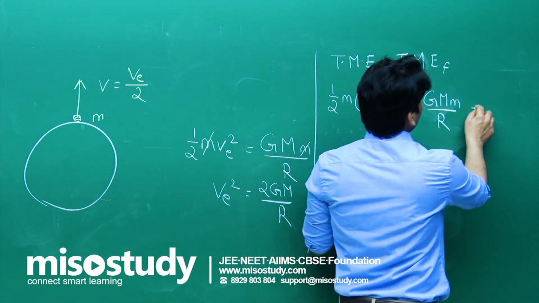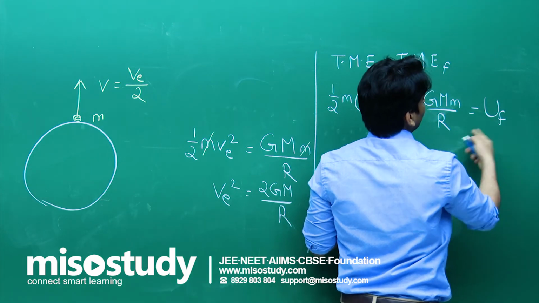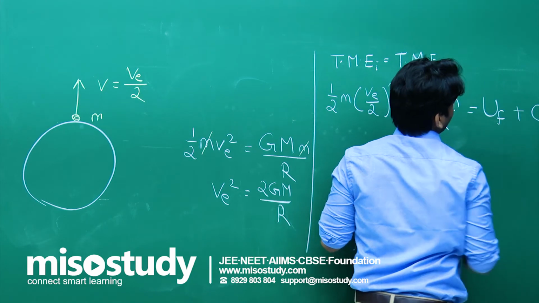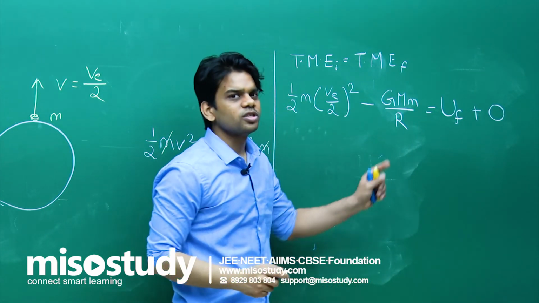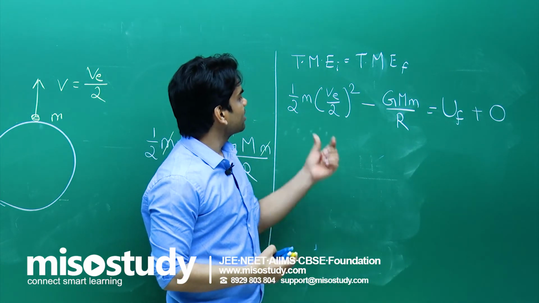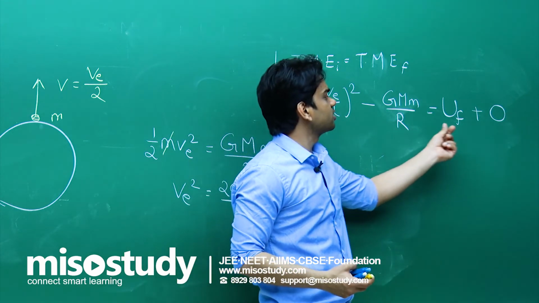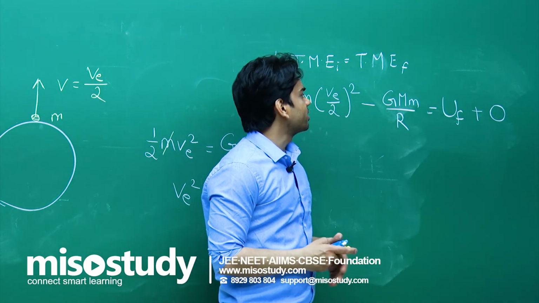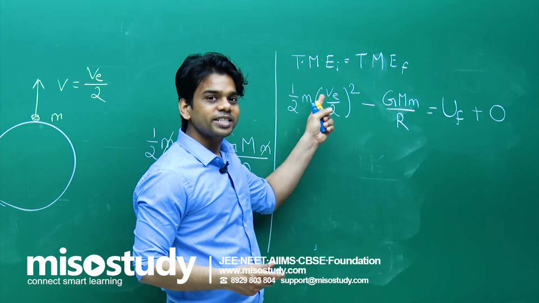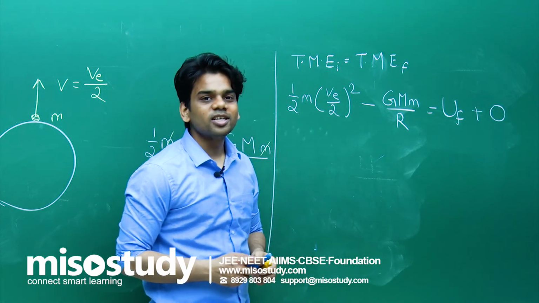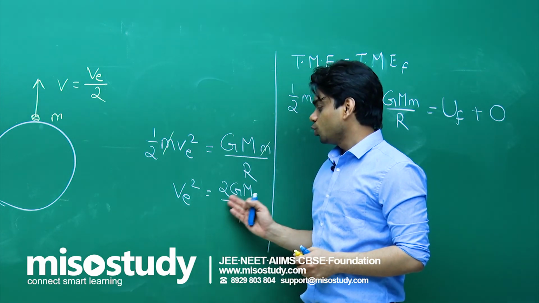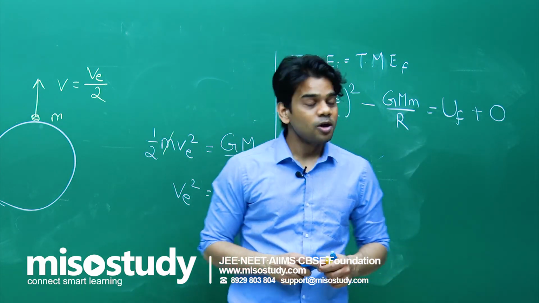So let me write down U_F, the potential energy at the highest point, plus kinetic energy, which will be 0. You can easily see that this is kinetic energy, this is potential energy. Now, if we evaluate this, already I have disclosed the formula for v_e in terms of GM by R: v_e squared is equal to 2GM by R. This is what we should put.